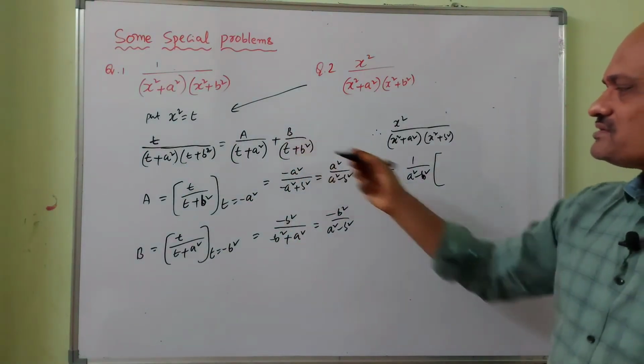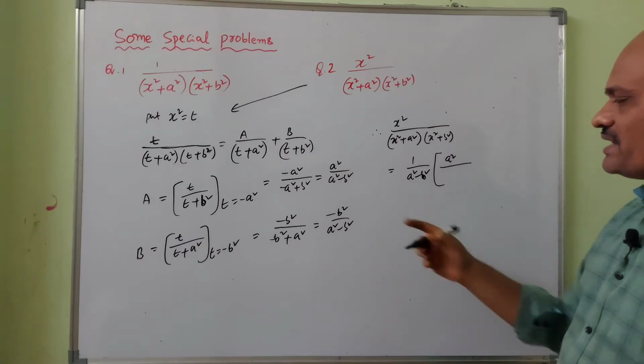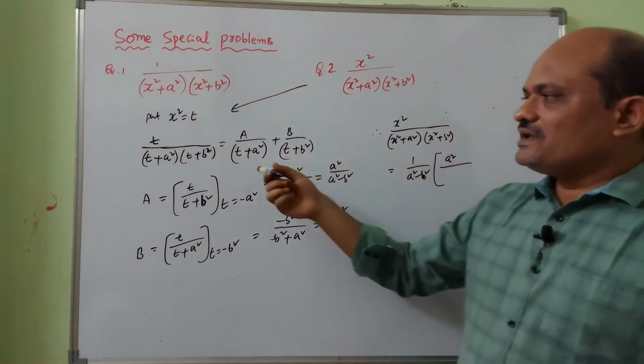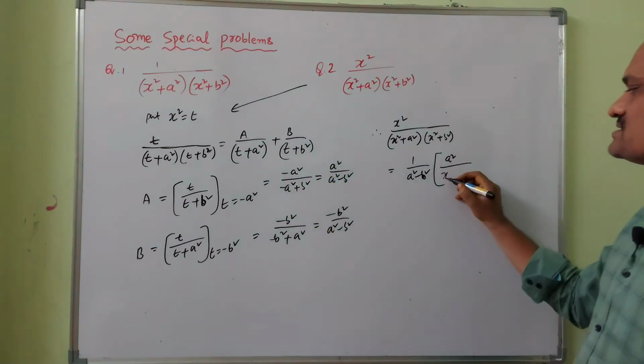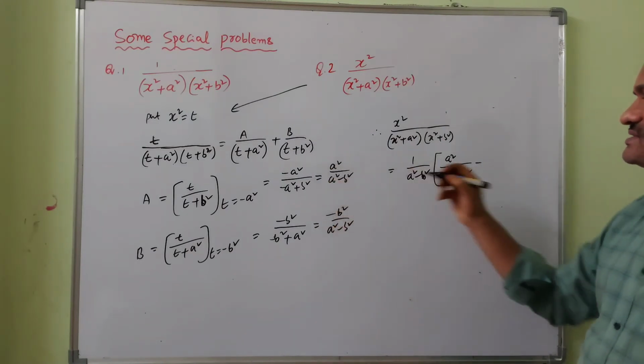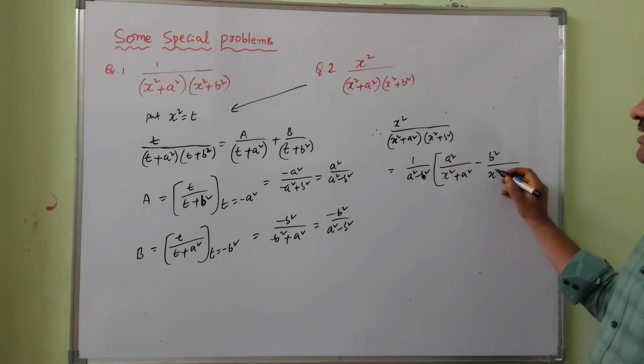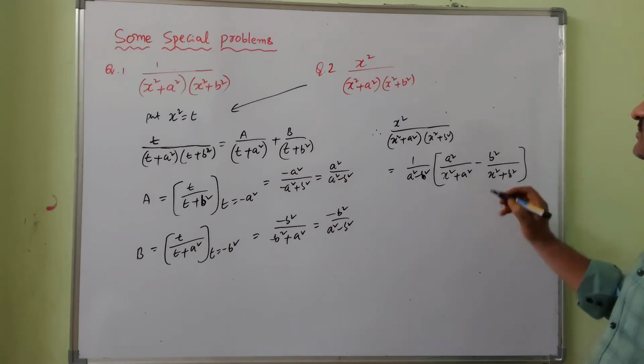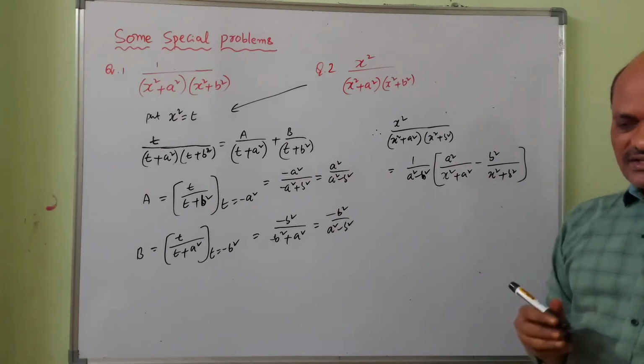Now write the remaining thing: a square by x square plus a square, plus into minus, minus b square by x square plus b square. These are the partial fractions.